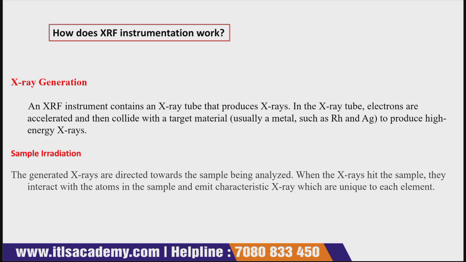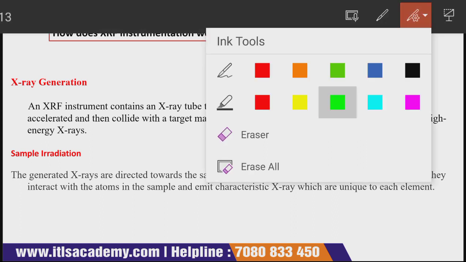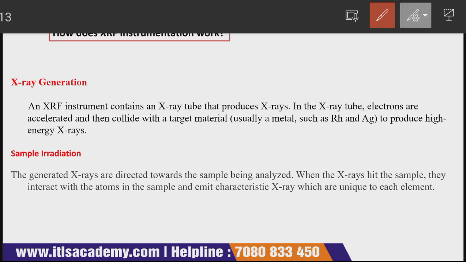This is again a very important slide, that is how the XRF instrumentation works. The first one is X-ray generation. The XRF instrument contains an X-ray tube that produces X-rays. What are the different components in the instrumentation? The first is X-ray generation.